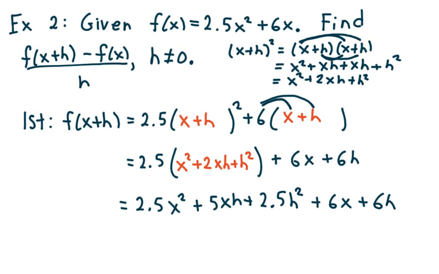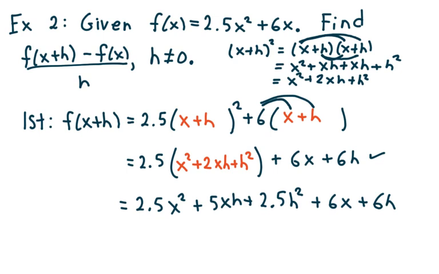And with that in mind, f of x plus h is equal to 2.5, again, times x plus h squared, plus 6 times x plus h. And then on the next line, we can say 2.5 times the quantity, x squared plus 2xh plus h squared, plus 6x plus 6h.